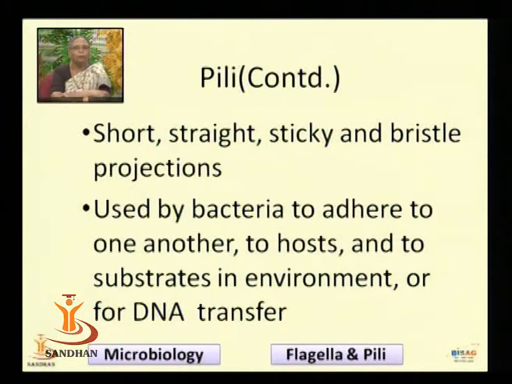With the help of the pili, bacteria can adhere to other bacterial cells. They can also adhere to their host cells. This is very important in case of pathogenic organisms, and they can also give bacteria the property of adherence to their substrates in the environment.